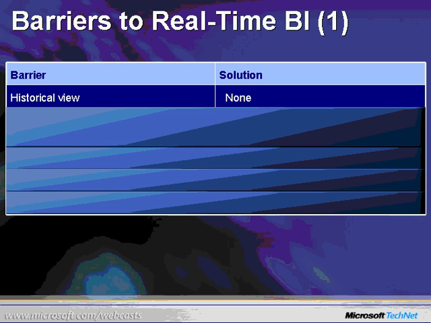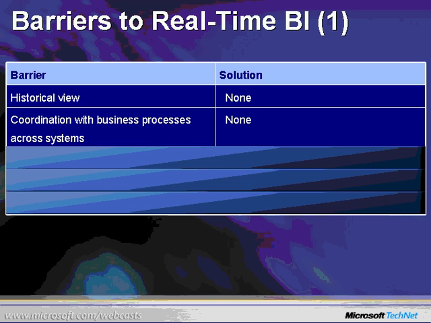So we do still need data warehouses, and there are a number of reasons why. First off, there's the need to present a historical view of the data, as we talked about in many cases. The best place to maintain full historical data is in a data warehouse. Also, there's a need to coordinate with different business processes and across systems.